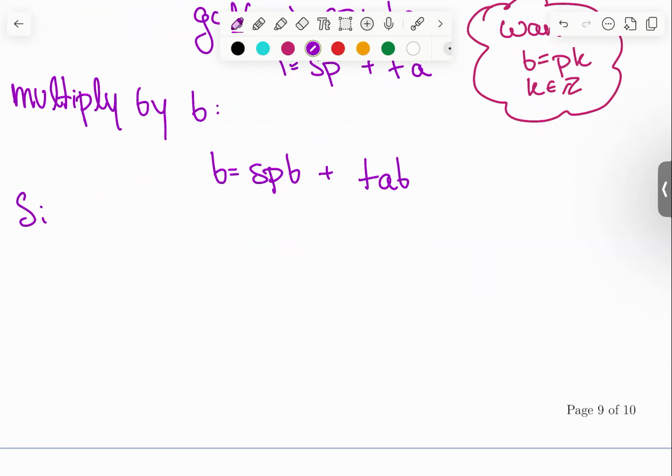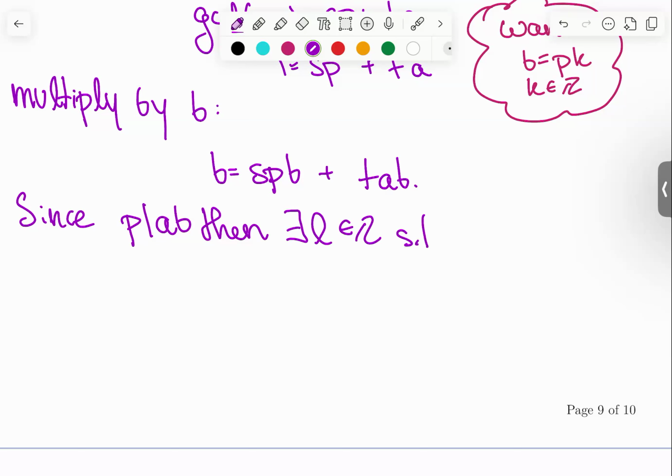So since P divides AB, then there exists some, I don't know, maybe L in the integers, such that AB equals P times L. So B equals P times (SB plus TL).